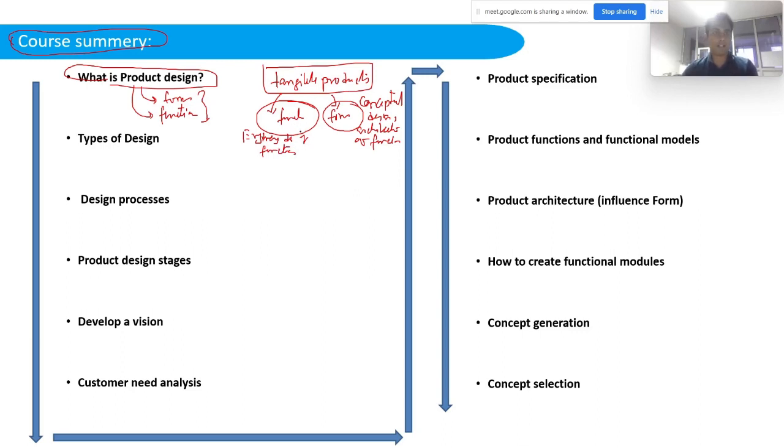So a product design basically comprises two design tasks. One is engineering design combined with industrial design. Industrial design is basically the conceptual design part, which is designing the architecture, planning for the human factors, the ergonomics, the aesthetics, everything.